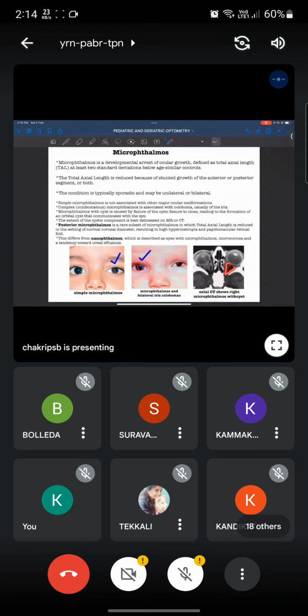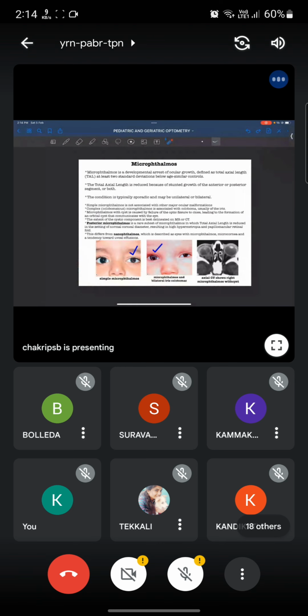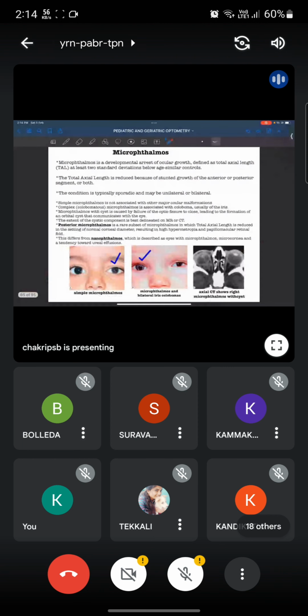This is the cyst. So this is the microphthalmos.